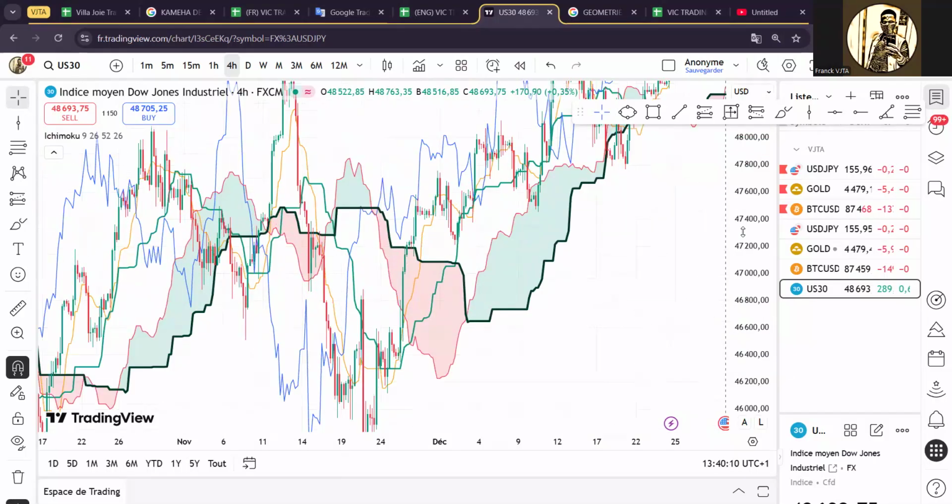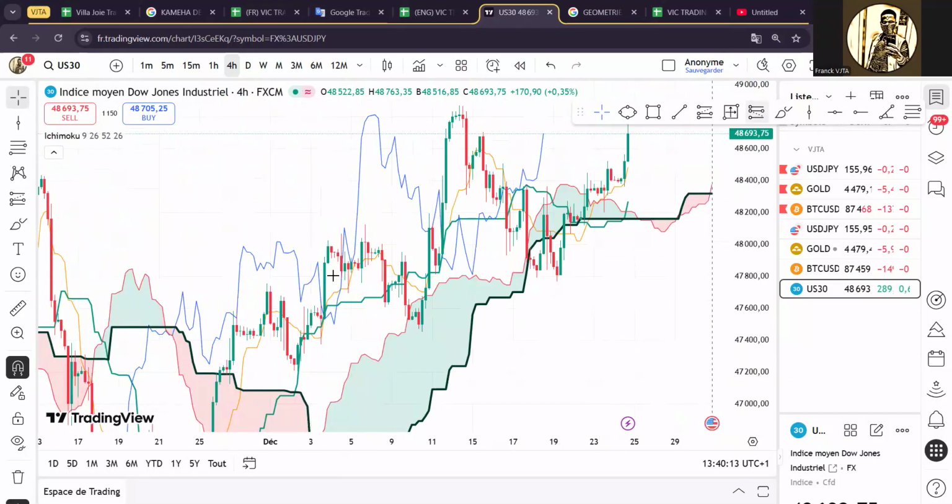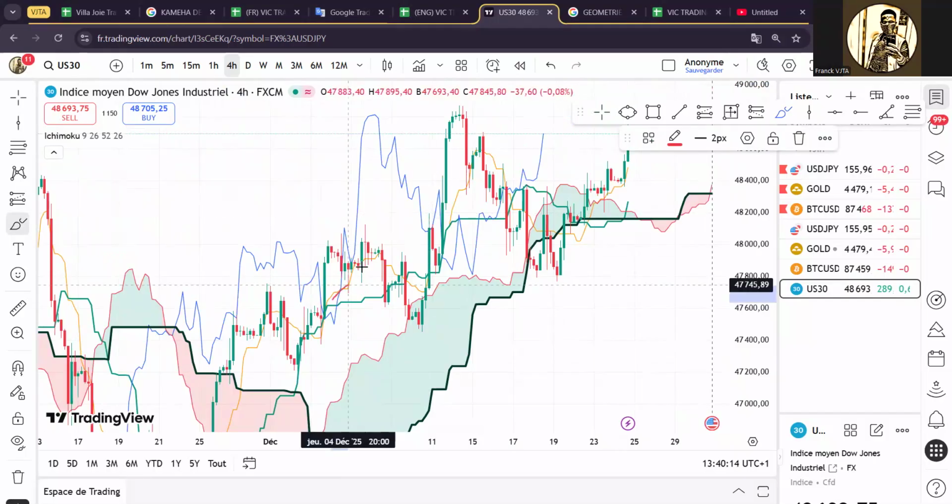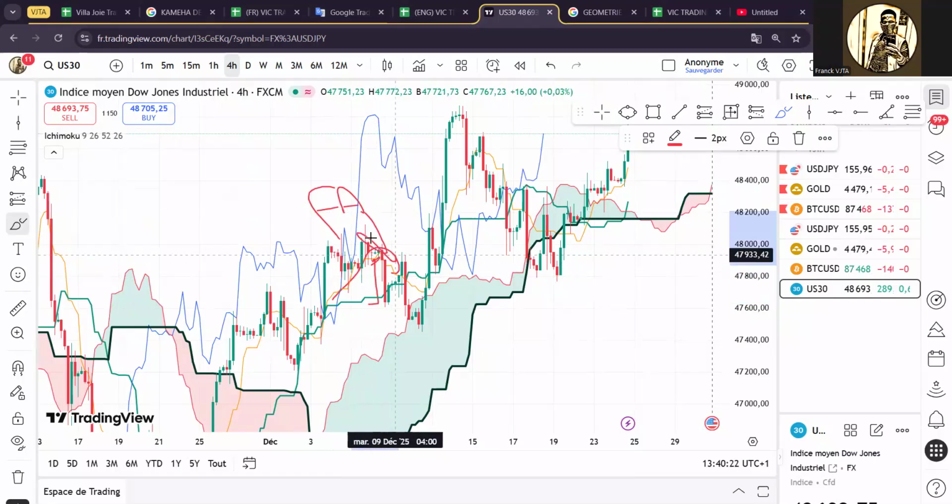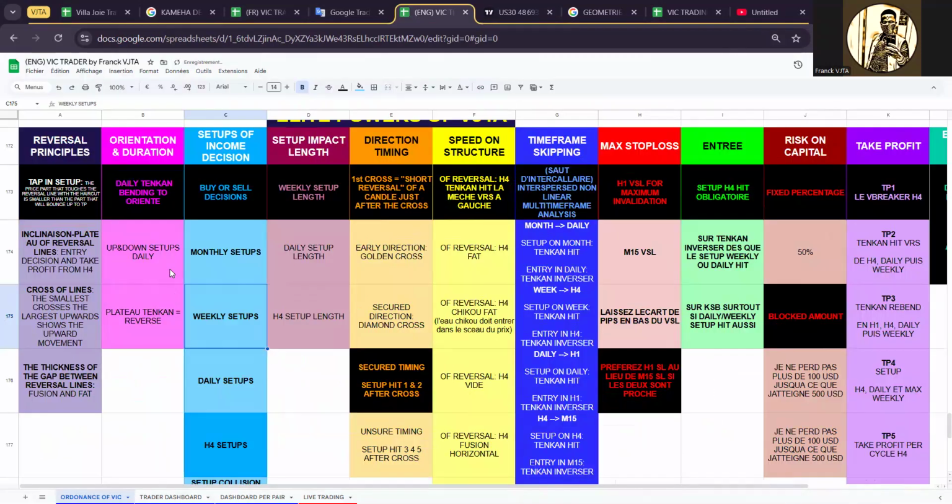We have, for example, here, this separation here is called what? Fat, right? Tenkan and Kijun are fatly separated. This one makes the move go to the downside. And then this here, Tenkan and Kijun are in fusion and make the move go to the upside. That is basics. We already know it. I told you previously.